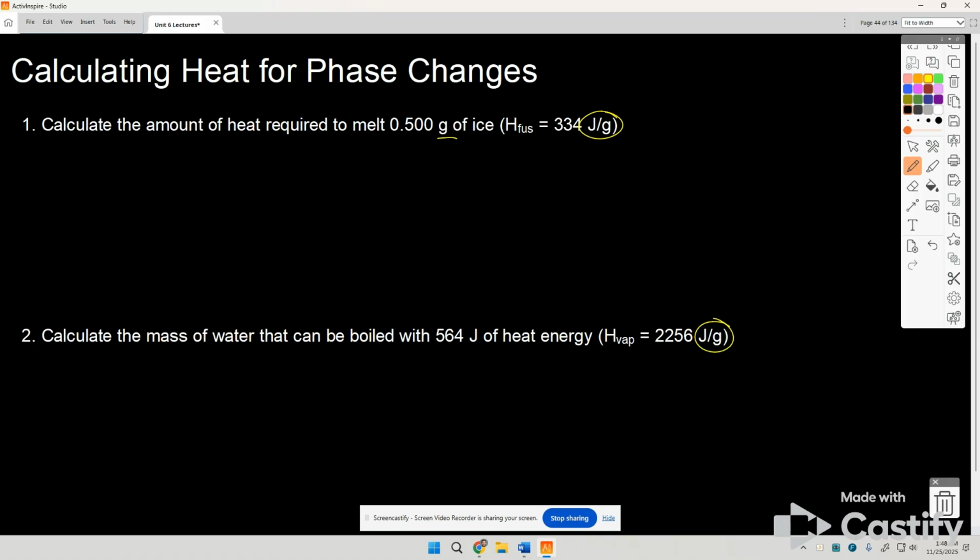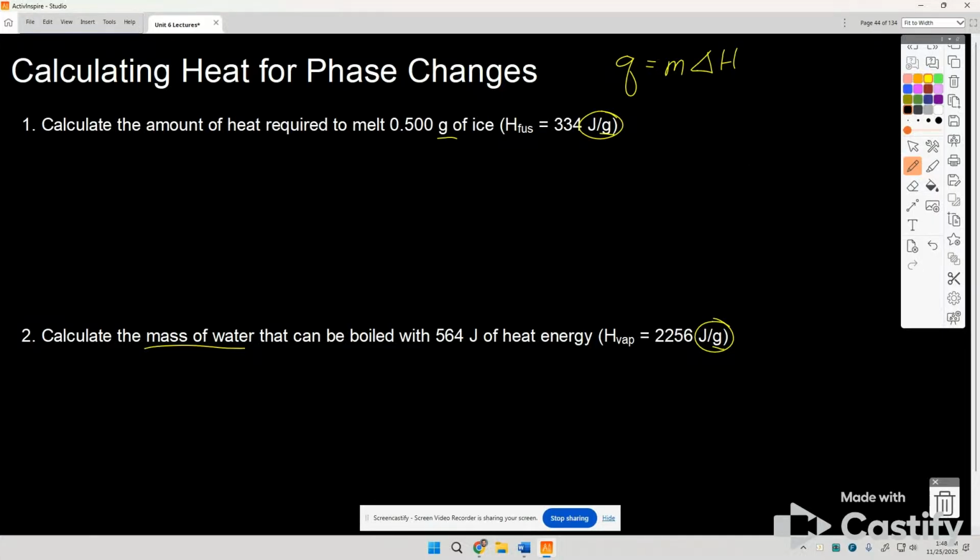If they gave you moles, or it was joules per mole for the enthalpy, then we would instead be using n delta H because we'd be working with moles. So just make sure your units agree. In these problems, we're going to be talking about grams for everything. We have mass of water, we have grams of ice, and joules per gram. So everything here is going to be the m delta H. So our equation we're using is Q equals m delta H.